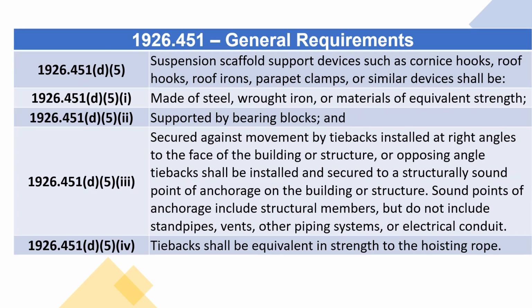1926.451(d)(5): Suspension scaffold support devices such as cornice hooks, roof irons, parapet clamps, or similar devices shall be, 1926.451(d)(5)(i) through (d)(5)(iv), made of steel, wrought iron, or materials of equivalent strength, supported by bearing blocks, and secured against movement by tiebacks installed at right angles to the face of the building or structure, or opposing angle tiebacks shall be installed and secured to a structurally sound point of anchorage on the building or structure.